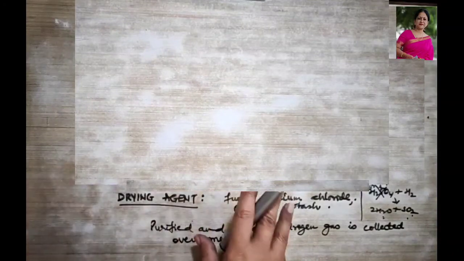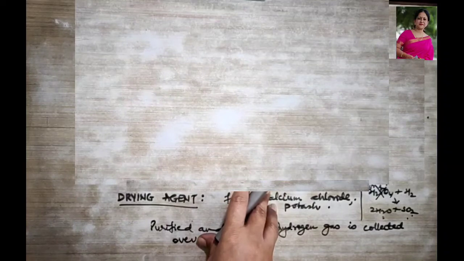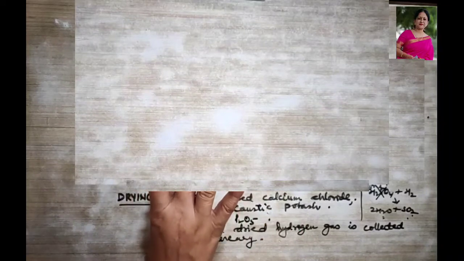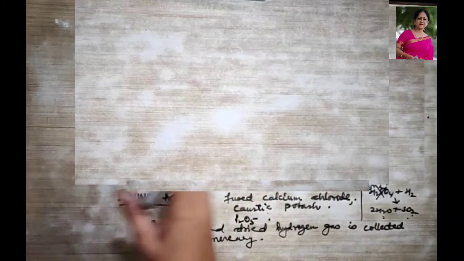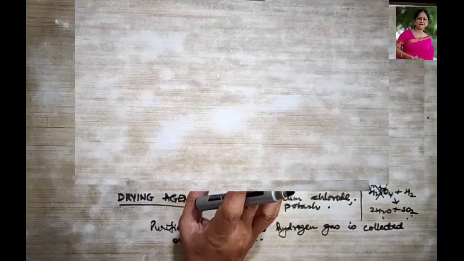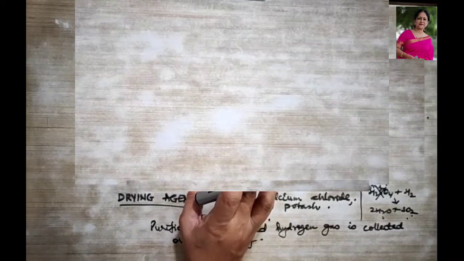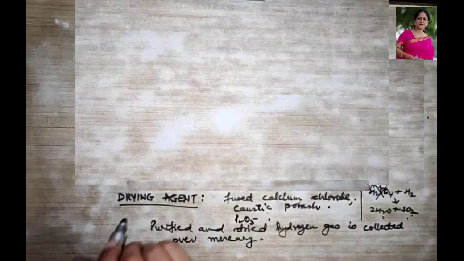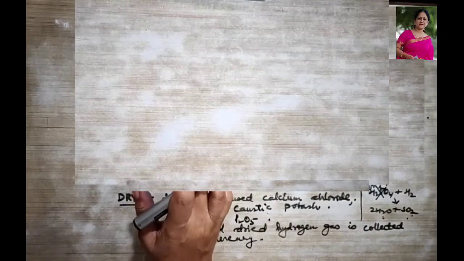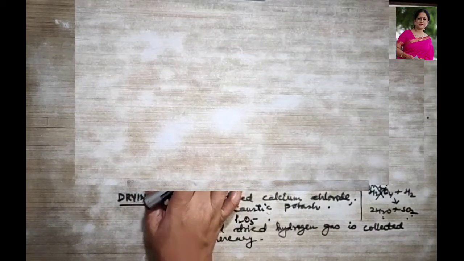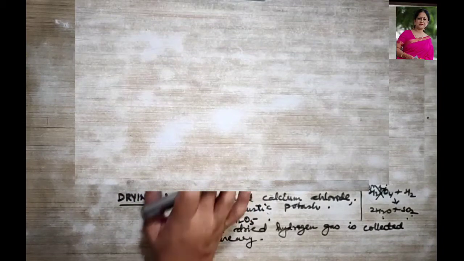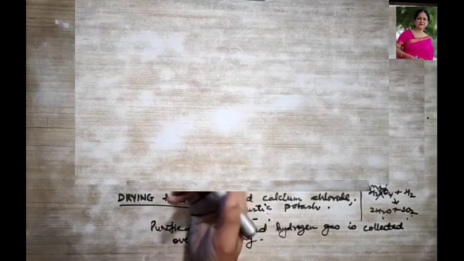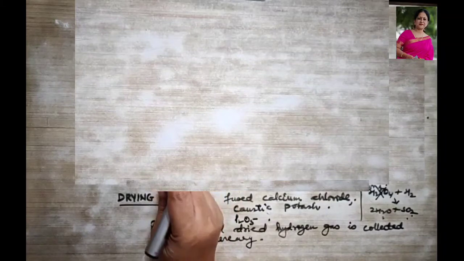So there should be no flame around either. The gas should be collected only after all the air in the apparatus has escaped. And lastly, the end of the thistle funnel should always be dipped under the acid, to prevent the gas from escaping through the thistle funnel, because then an explosion may take place.